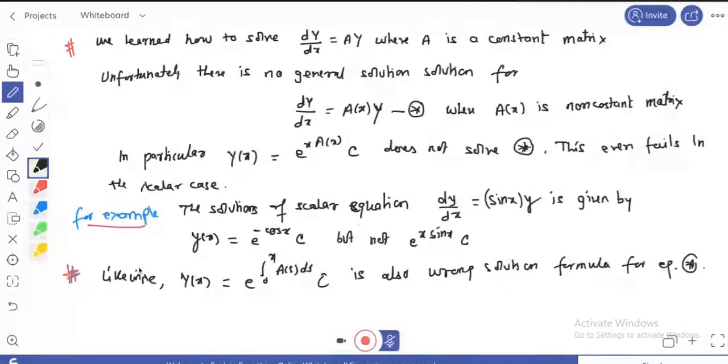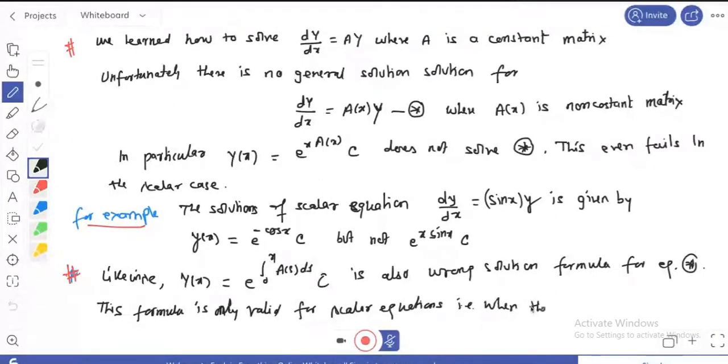This formula is only valid for the scalar case, that is when the space dimension is 1.